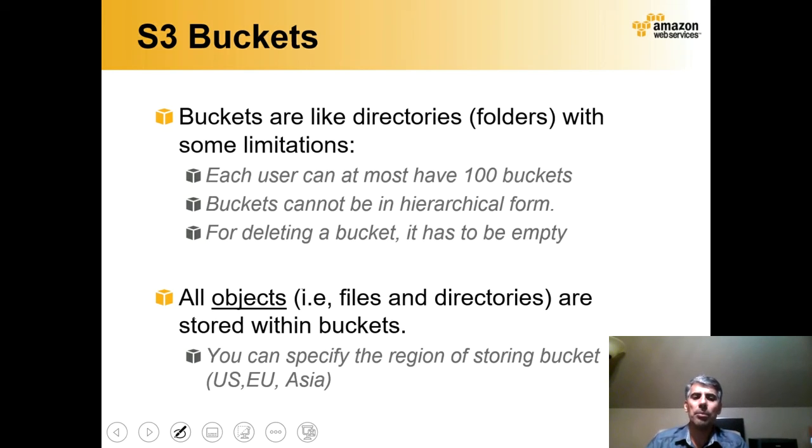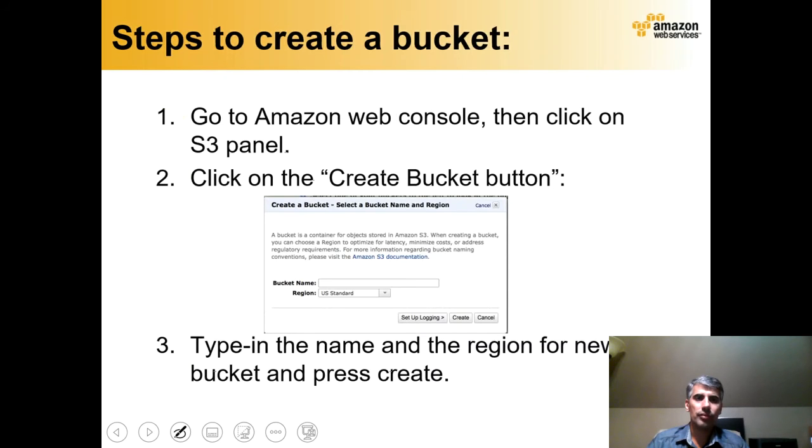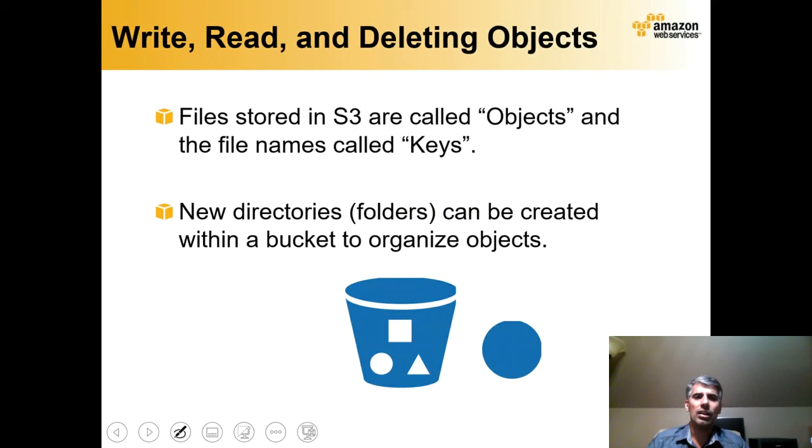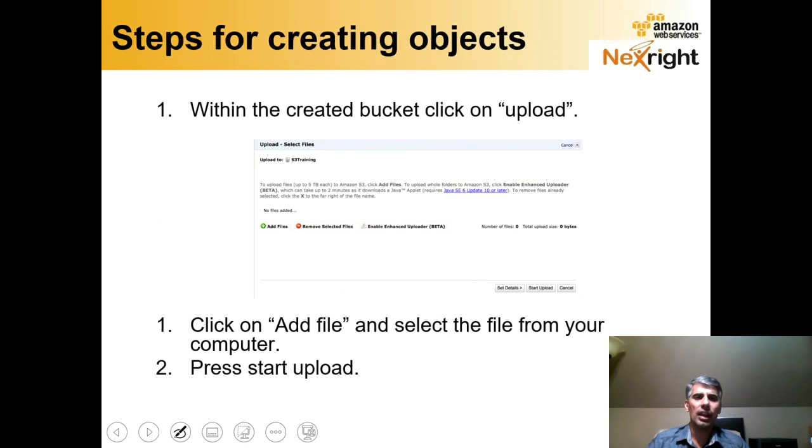And for deleting a bucket, that bucket has to be empty. So in other words, we can imagine a bucket as a container for other folders and files that you want to store. Okay, so these are the steps on how to create a bucket. I'm going to skip these steps. You can read them later and apply them on Amazon services.